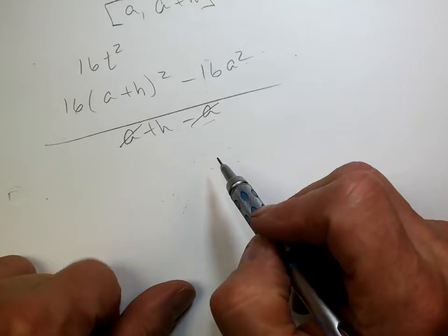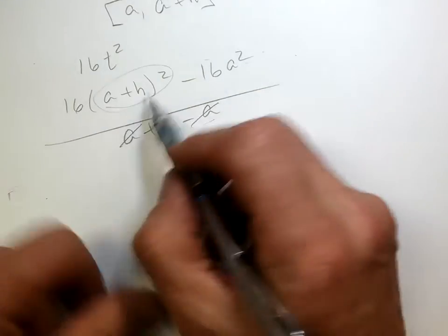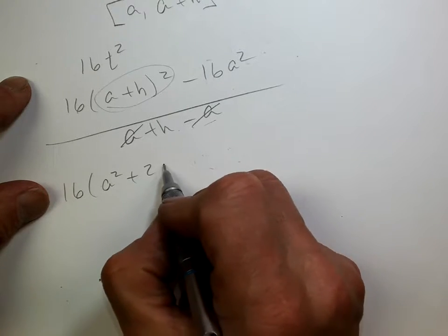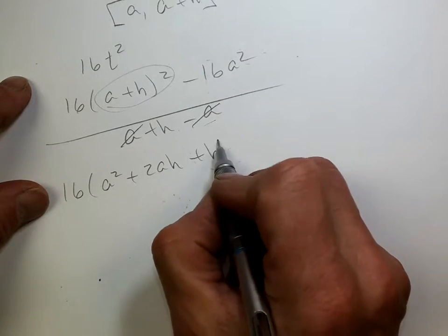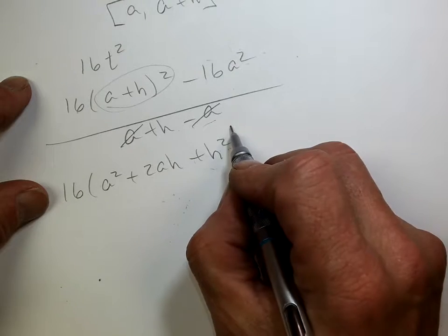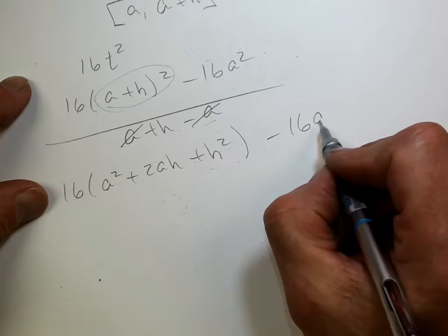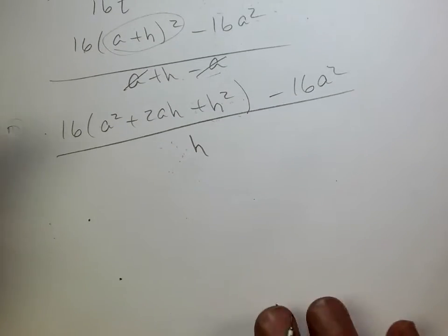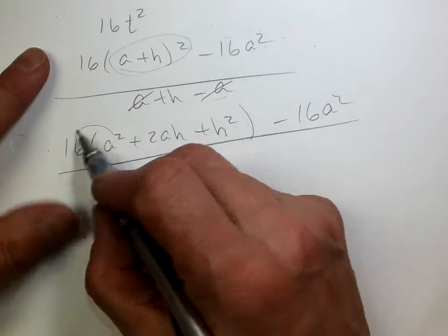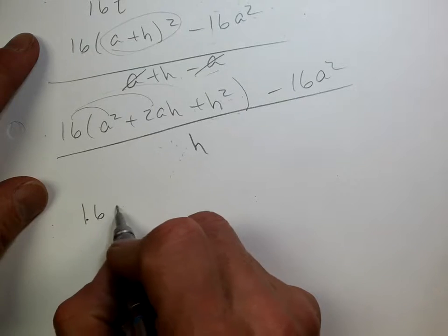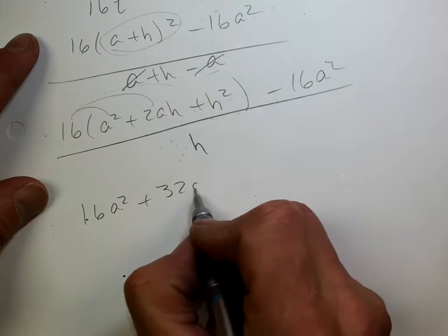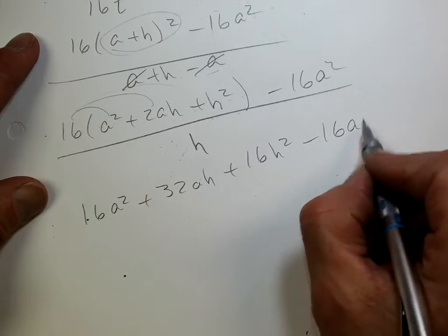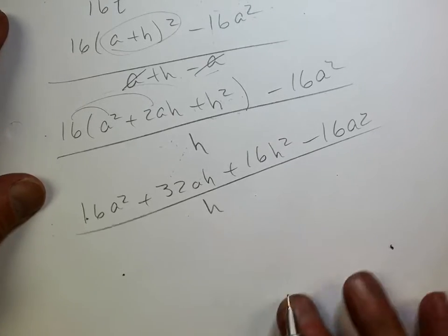That cancels that, right? This will FOIL into a squared plus 2ah plus h squared, minus 16a squared, all over h. How am I doing, Will? Better? Okay, distribute. 16a squared plus 32ah plus 16h squared minus 16a squared, all over h.